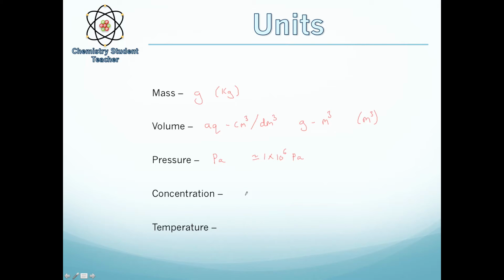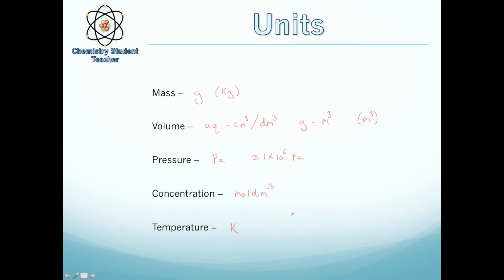Concentration. So concentration is moles per dm cubed, and that's what you'll always use for concentration in chemistry. And for temperature, we use Kelvin, capital K. Kelvin is used because absolute zero, which is 0 Kelvin, is the theoretical level that we can get to where there's no heat energy involved in a molecule.